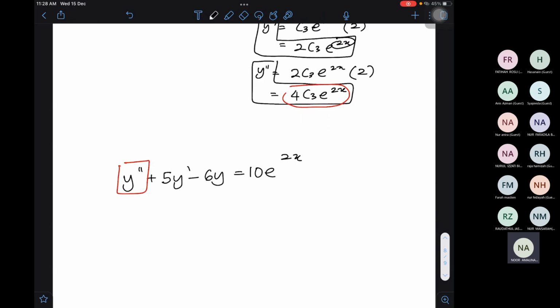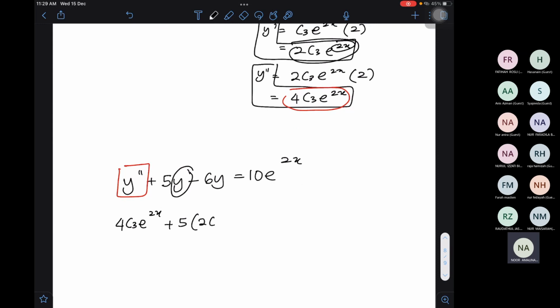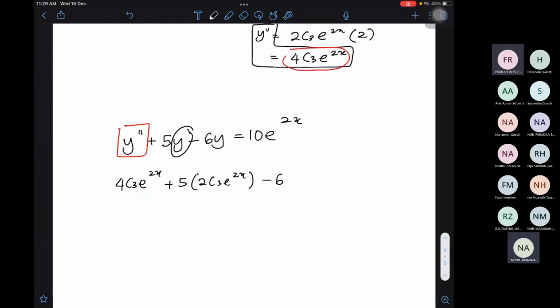So kita ada 4C3 exponent 2x tambah 5 darab y prime. So y prime 2C3 exponent 2x. Tolak 6 darab y. So your y is C3 exponent 2x. 6 darab C3 exponent 2x is equal to 10 exponent 2x.